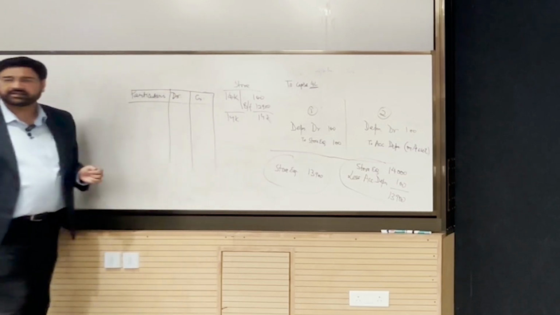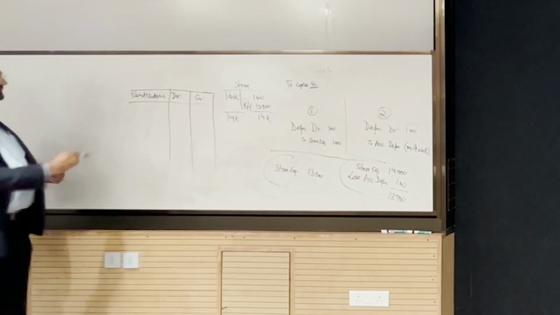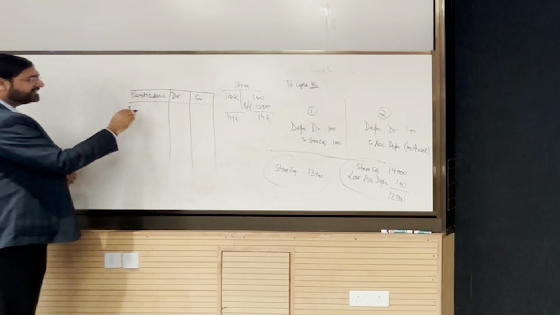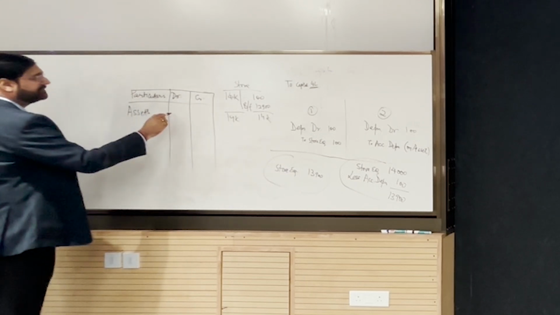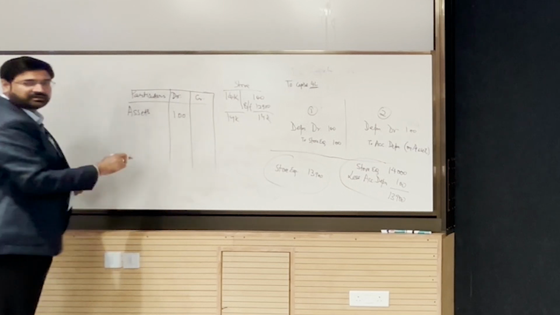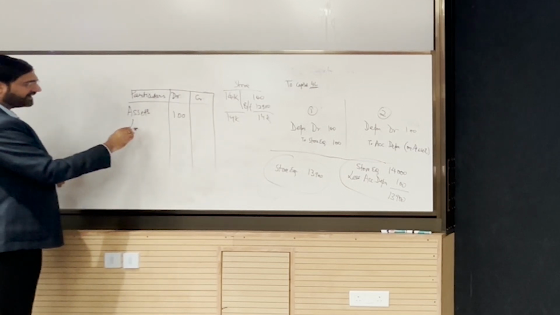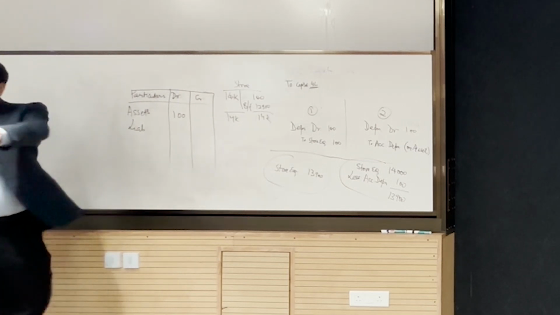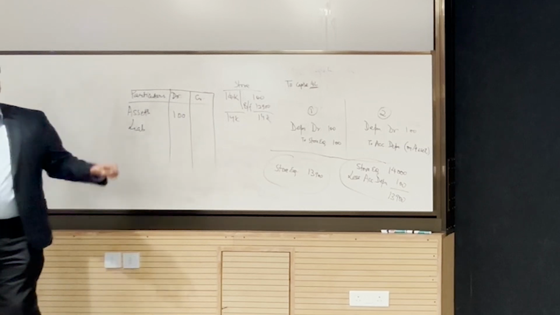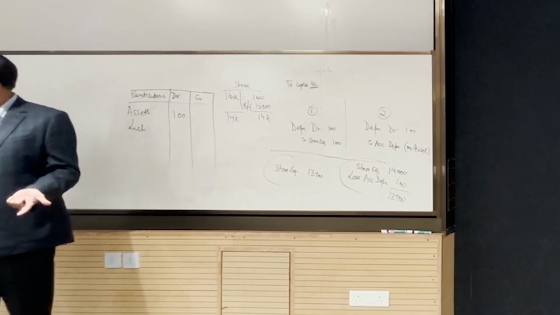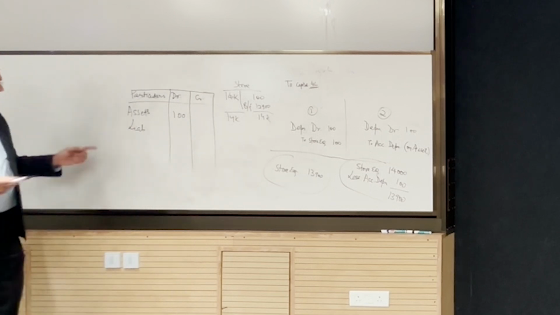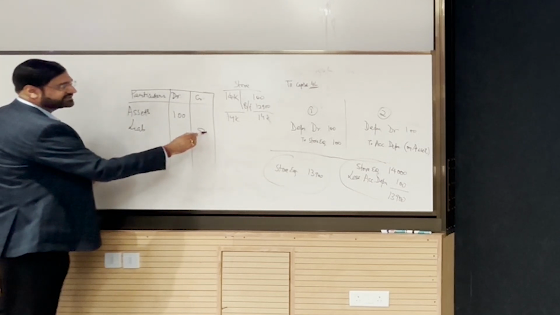So, it will list all the assets. Let us say asset value is say 100. It will list all the liabilities. I am just giving an imaginary example. You can prepare your own trial balance if you do not believe me. But do you agree with me that a trial balance will balance by definition? Liability, let us say, is 50 on the credit side.